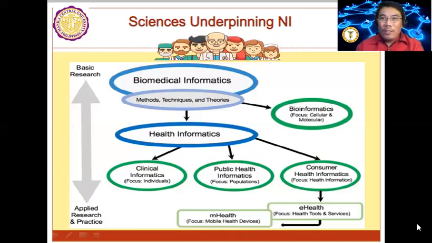This is because of the response of the cells. So this is the coverage of bioinformatics on how the cells will respond in connection with the physiologic functions of the human. So cellular level, that's bioinformatics.